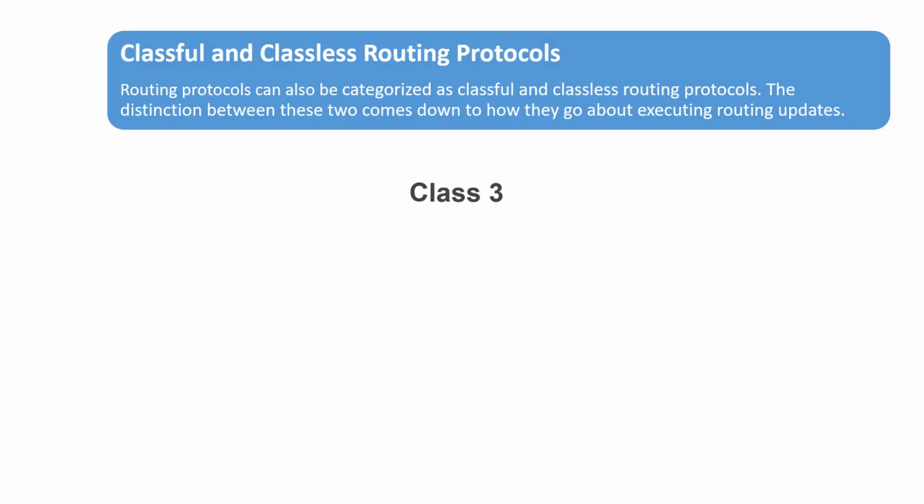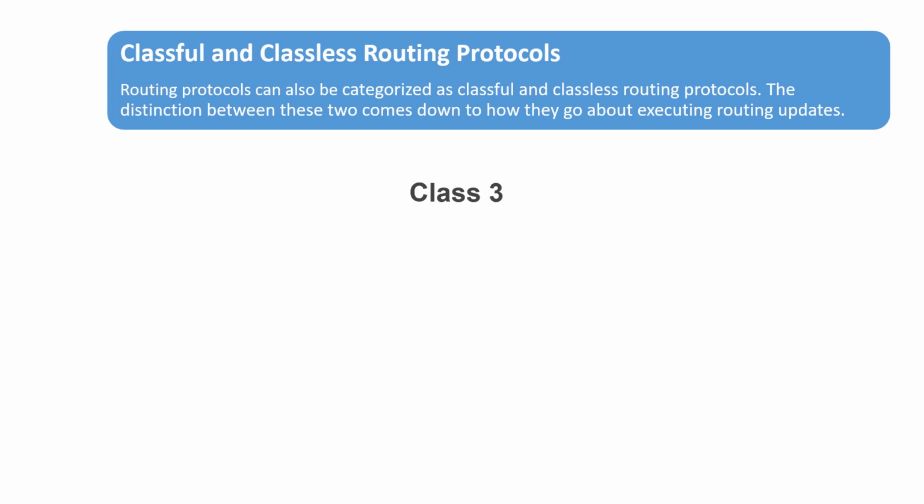Now we can see the remaining two classes, that is class 3 and class 4, that is classful and classless routing protocols. These protocols can also be categorized under these criteria, classful and classless. The distinction between the two is about the execution of the routing updates.